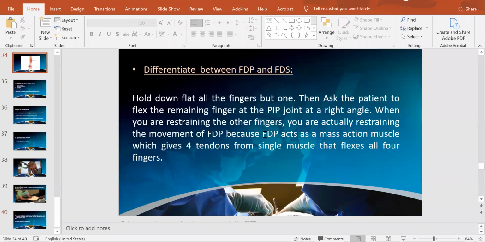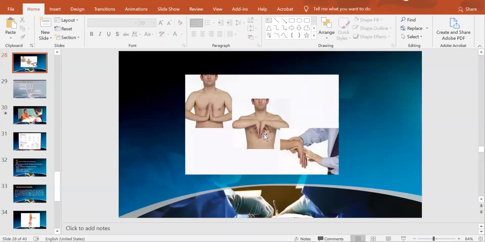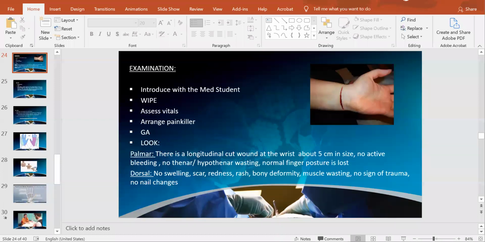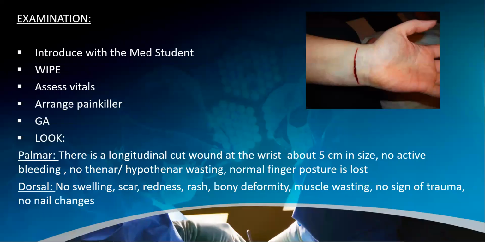So in a nutshell, this is one of the toughest physical exams. Remember, you have to be very careful about what you understand, and your basics should be totally clear about the wrist flexors, nerve sensation, and everything. I've given all the findings in here. If you just take help from this slide and from what I have said, you should be fine.